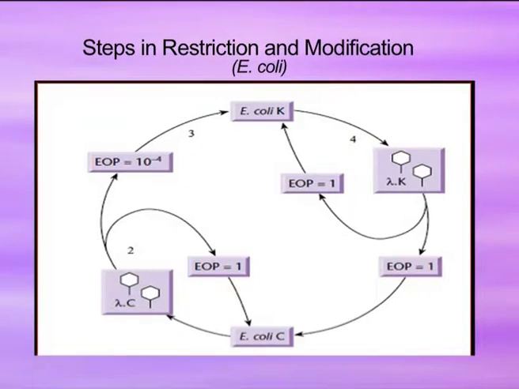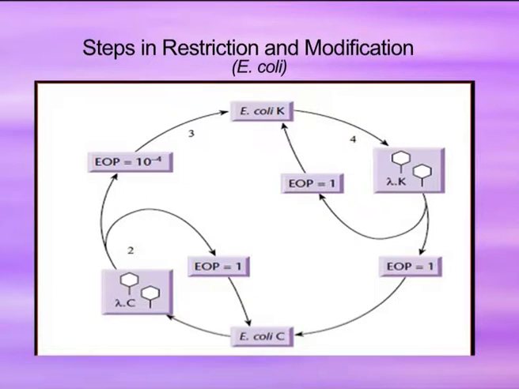If we observe the result, there is a difference in the number of plaques formed on strain K and strain C. Why is it so? When the phages are grown on strain C, they are able to reinfect strain C with equal magnitude. However, when the progeny phages are collected from strain C and titered on strain K, there is a reduction in the number of plaques formed.